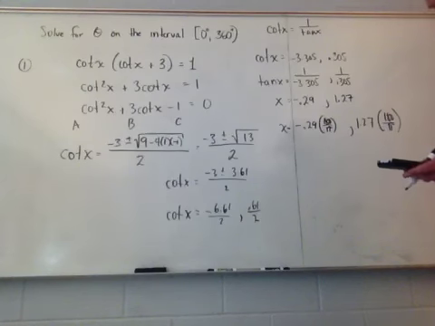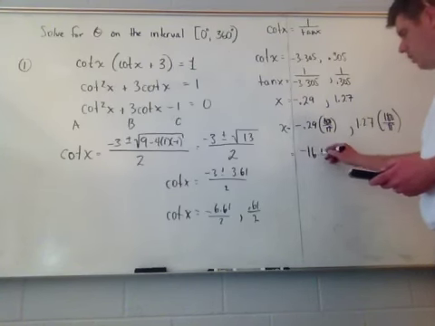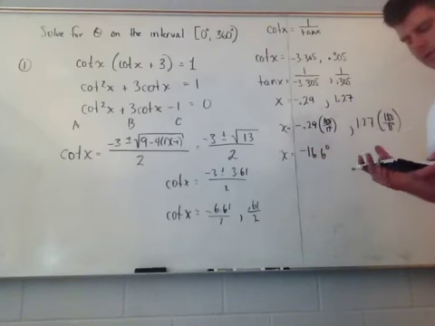So here we go, negative 0.29, and I'm going to multiply that by 180 and divide that value by pi, and you get that this is approximately negative 16.6 degrees, and again, I'm going to round to the nearest tenth.